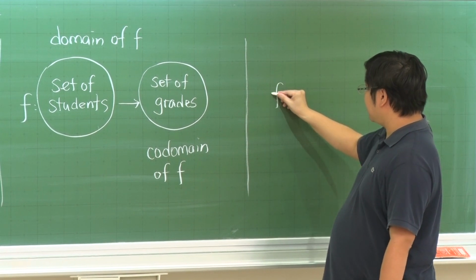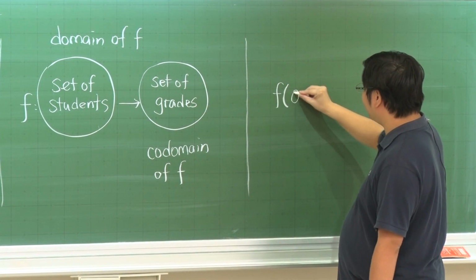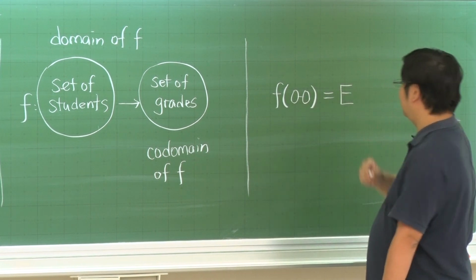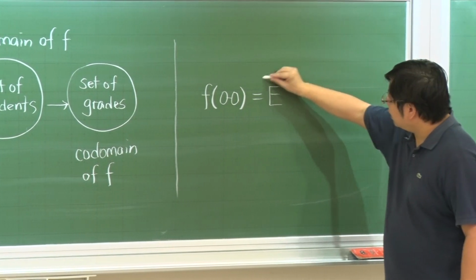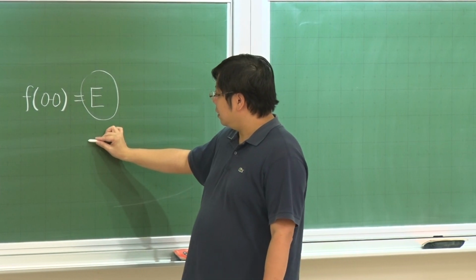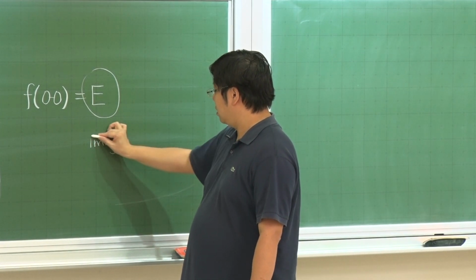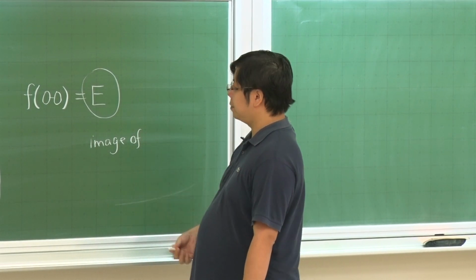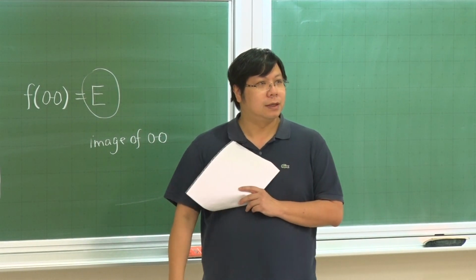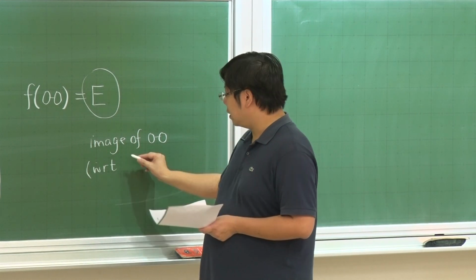So let's take the particular example of the function value. The function of Nobita is E. E also has another name. E is called the image of Nobita with respect to this function f.